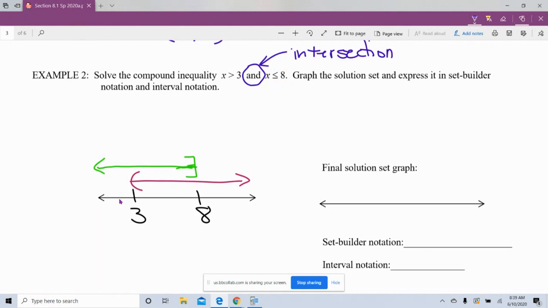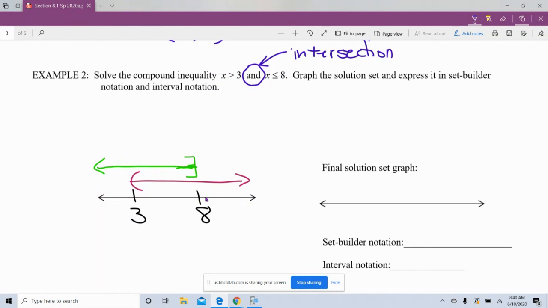But they are not in the purple solution set, which is the solution set for the first inequality. That means these numbers are in one of the two sets, but not in both. So these numbers over here will not get shaded in my intersection of the two solution sets.